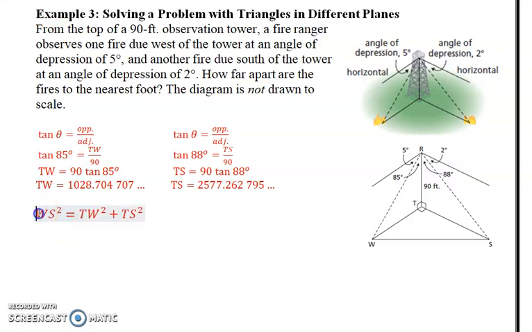Let's fill in what we know. We'll recopy this formula down. WS is what we're looking for. TW is this number right here, and you're going to use that number. It's in your calculator, and that's what I recommend. Then take the other number here, and again, it's in your calculator.